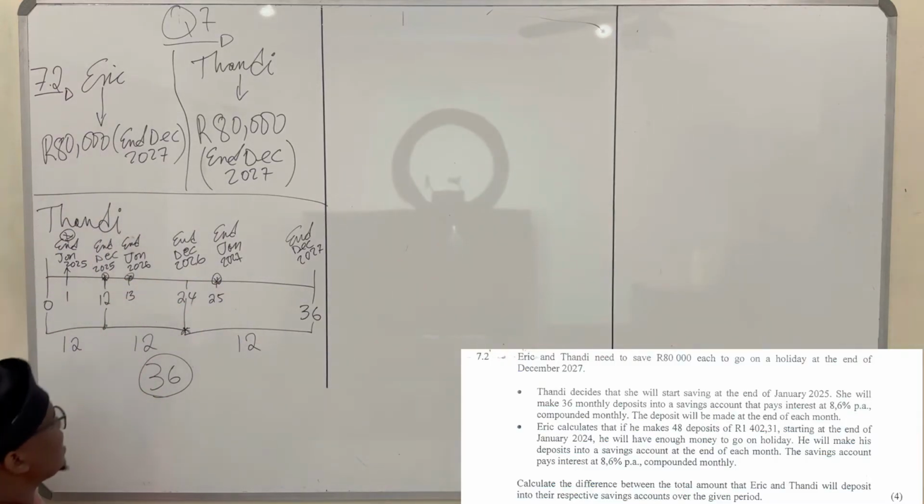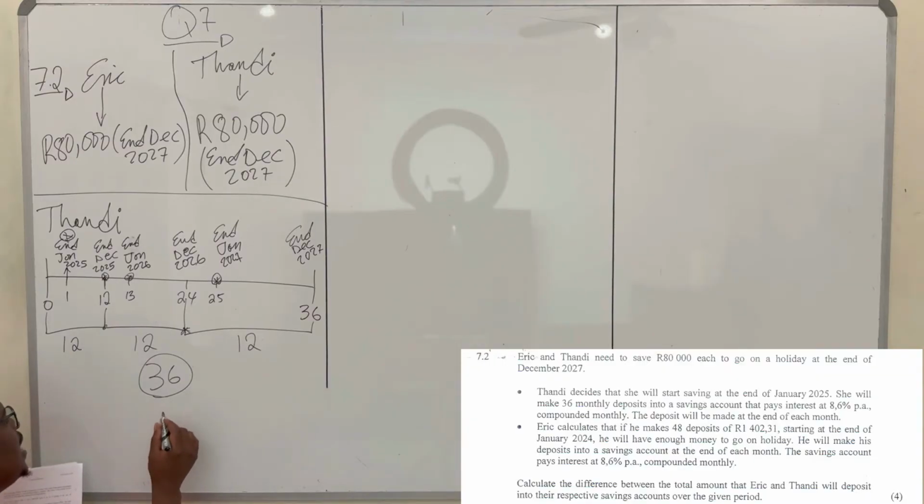And what else they're telling us is that our friend made a number of payments, and there's 36 of them. They're also telling us the interest rate.